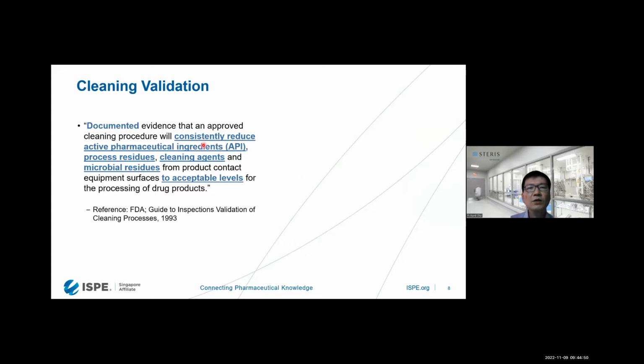Consistently means you need to prove it with 3 consecutive runs of cleaning validation to reduce the API, process residues, cleaning agents, if you're using cleaning agents in your cleaning process, and also the microbial residues from the product equipment surfaces to acceptable levels. Because in cleaning, it's impossible to remove everything completely. As long as you can remove it to acceptable levels for the processing of the next drug products, it should be acceptable.